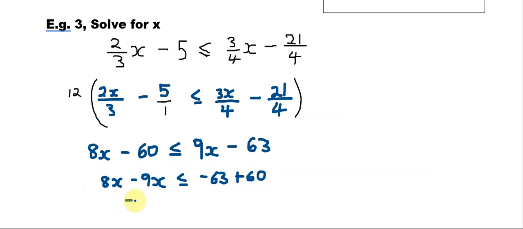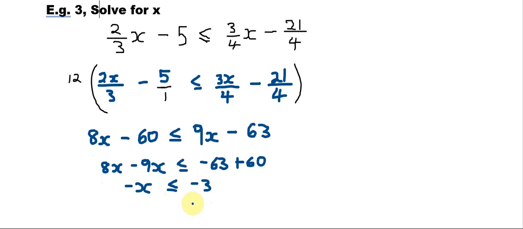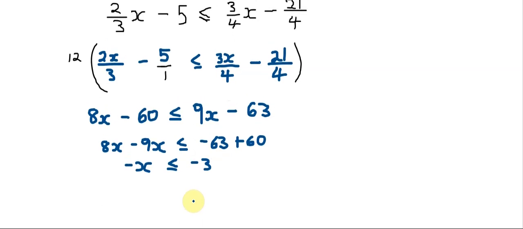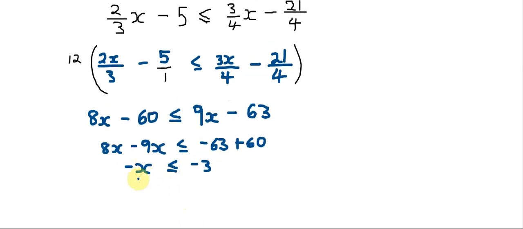So we are seeing negative x is less than or equal to negative 3. So how do we get rid of this negative sign in front of the x? Well, you could divide both sides by a negative 1, right? Or we could multiply both sides by a negative 1, which would still work out to be multiplying the whole equation by negative 1. So let's try that.